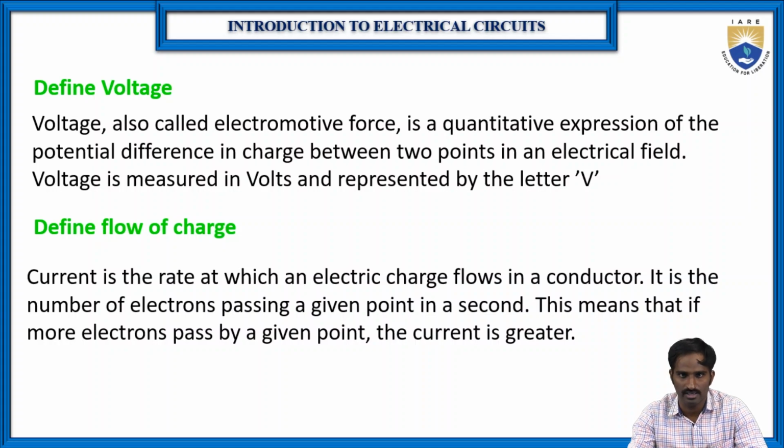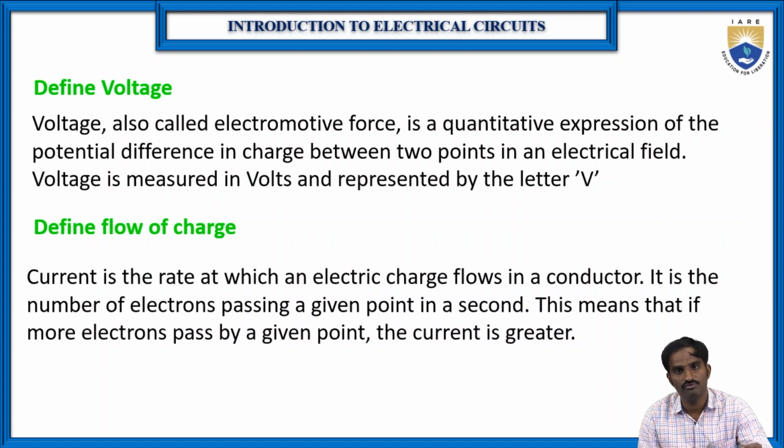That is called current. So the rate at which charge flows through a conductor is called current, which means the number of electrons passing through a point in a second.